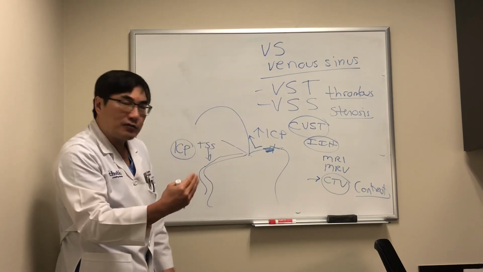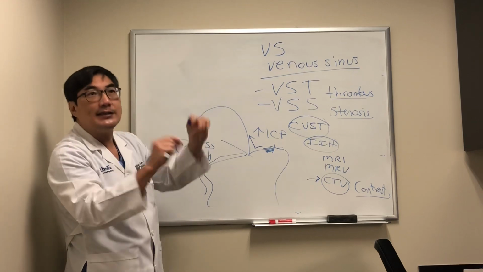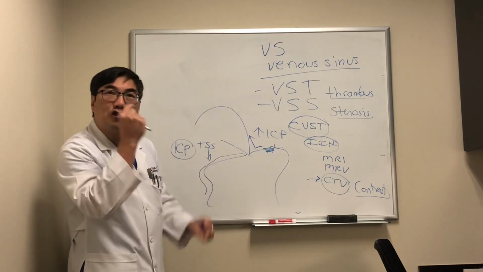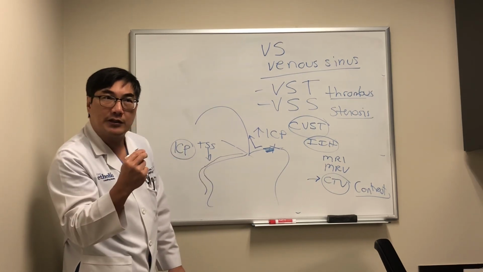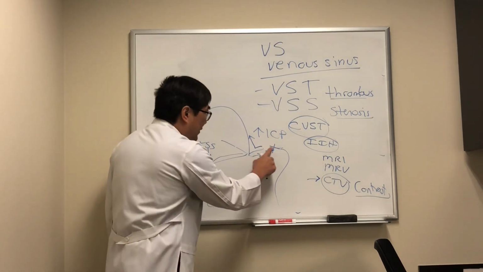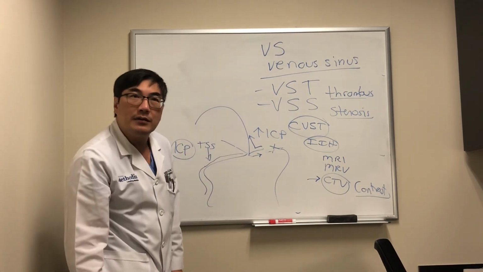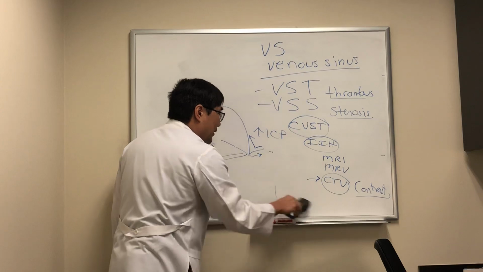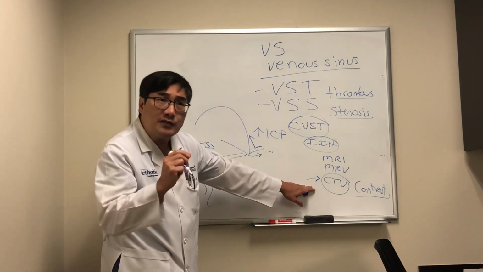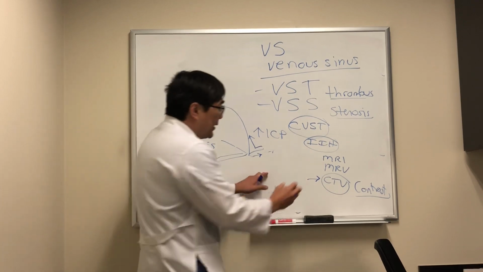If it blocks the X-ray, it'll be hyperdense, and dense material like iodine will block the X-ray. So in a CTV, we have direct visualization of the contrast material. So when the contrast material goes down this vein, it just won't go. And maybe all of this won't fill either. So CTV is better because it's direct visualization of the contrast.